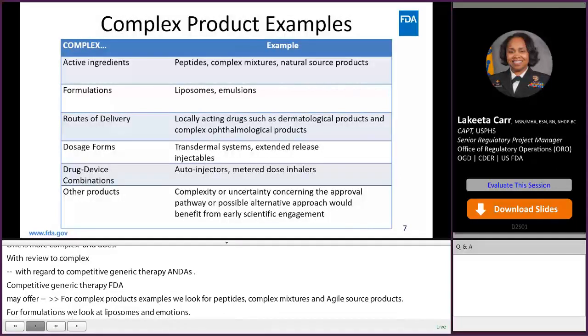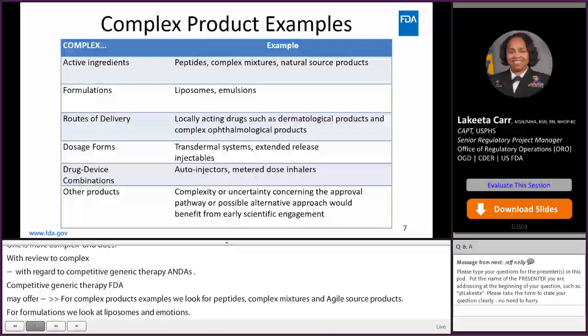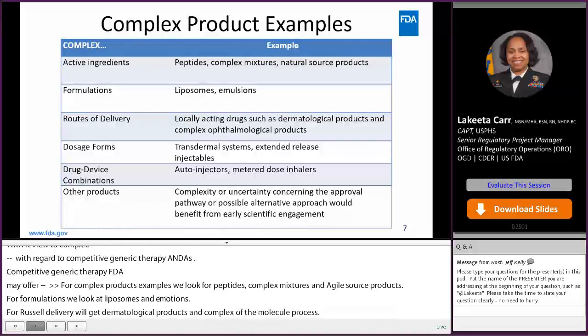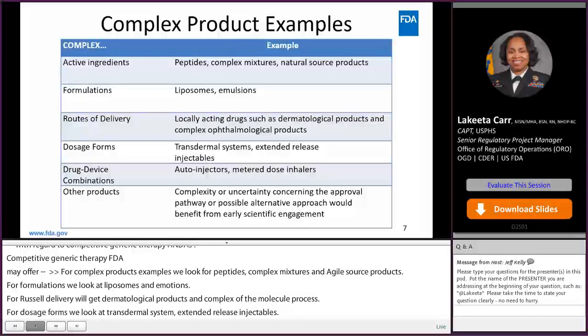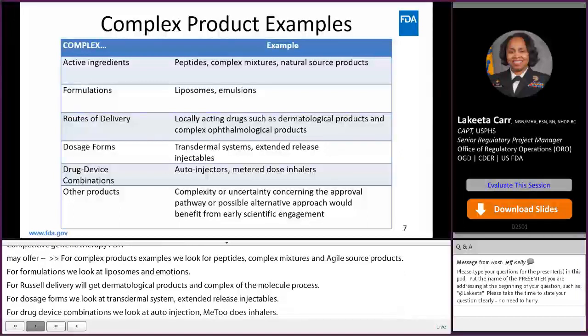For dosage forms, we look at transdermal systems and extended release injectables. We also review drug device combinations such as autoinjectors and metered dose inhalers. Other products include those that are complex or there's uncertainty concerning the approval pathway or possible alternative approach that would benefit from early scientific engagement.